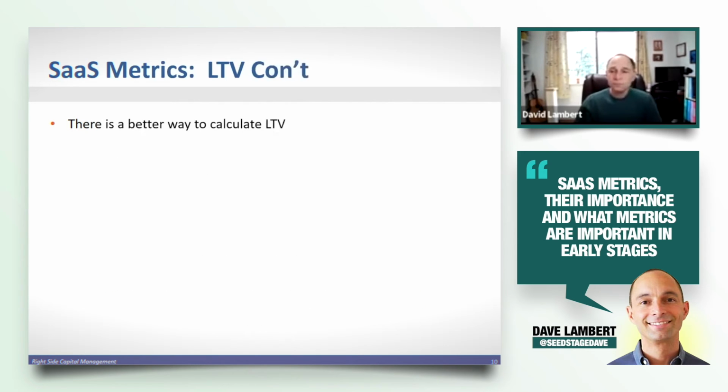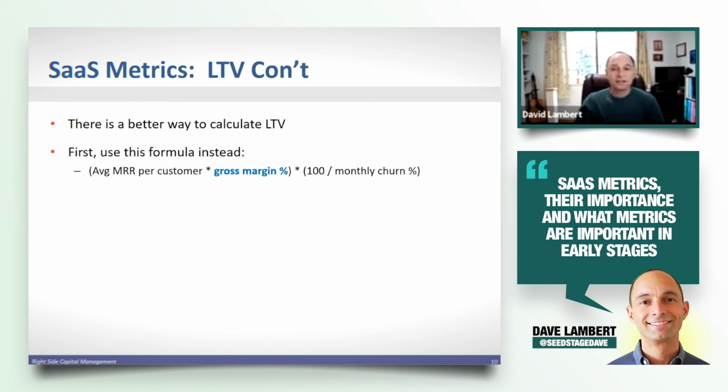So what can you do? What's a better way to calculate LTV? Well, two adjustments you can make. The first is use this formula instead for calculating your LTV. It's your average MRR multiplied times your gross margin, because that's the money that you can use to offset all your expenses in your company, your non-cost of goods expenses, and you multiply that times the average number of months the customer is there.